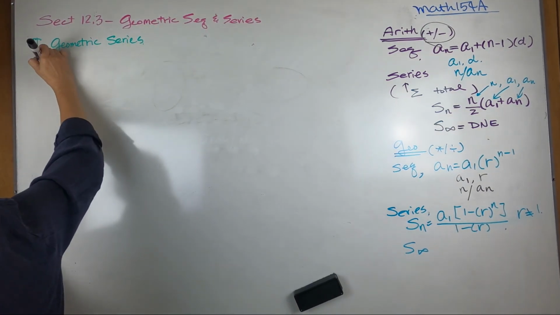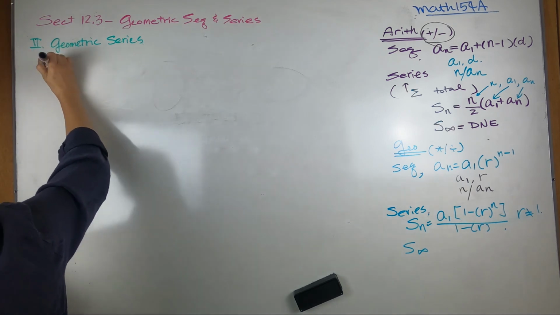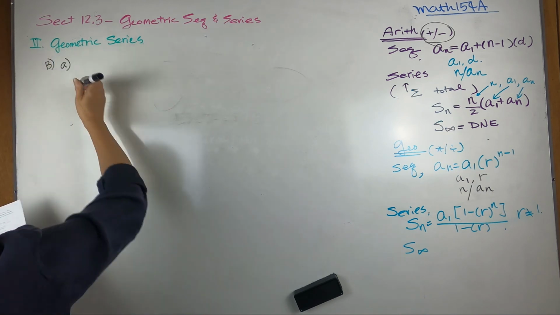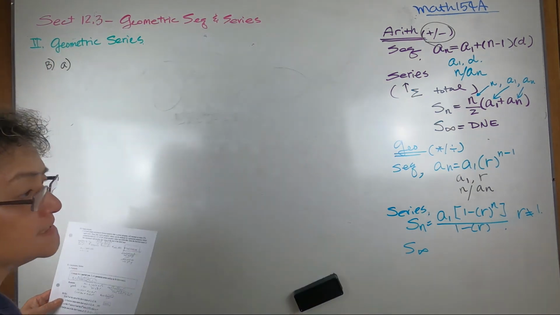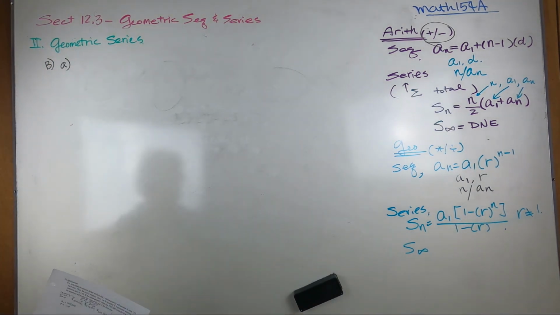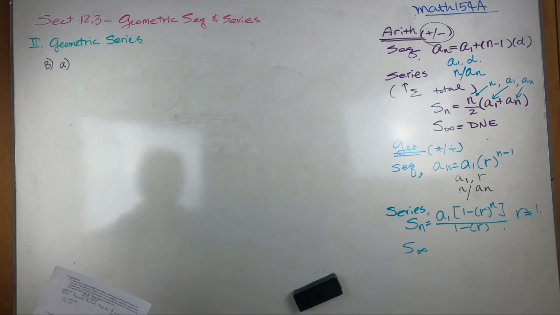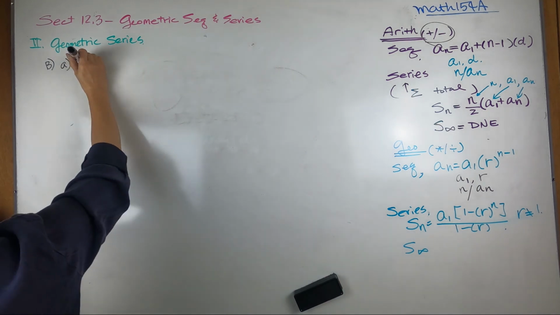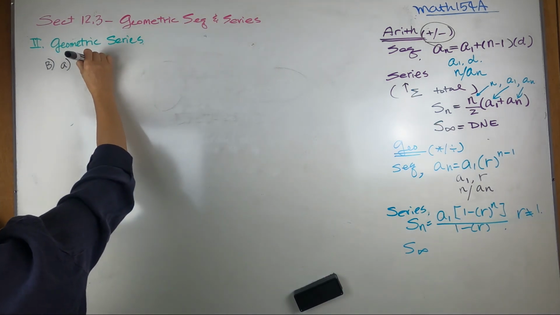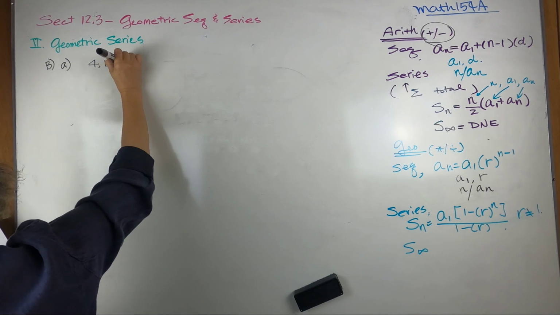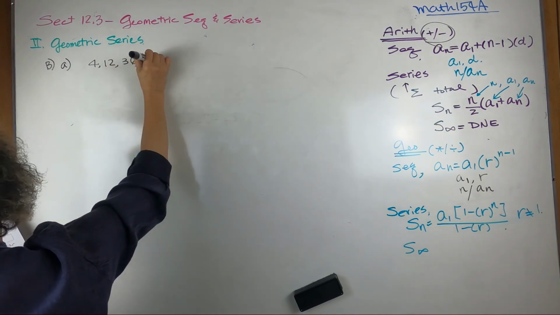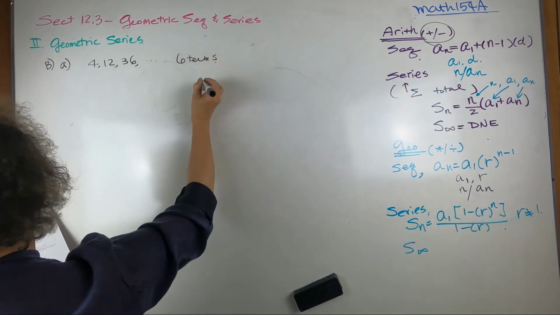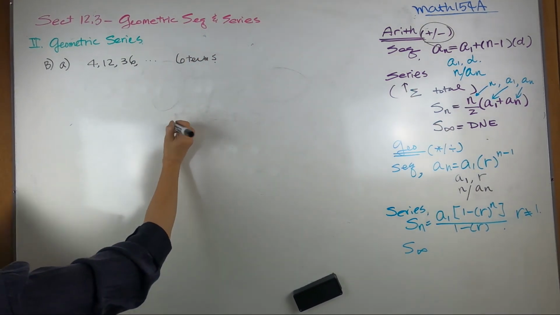Okay, so let's take a look at some examples. So how to use the finite series formula for the geometric series, okay? So find the sum for the first six terms: 4, 12, 36 for 6 terms. Okay? What do you think?